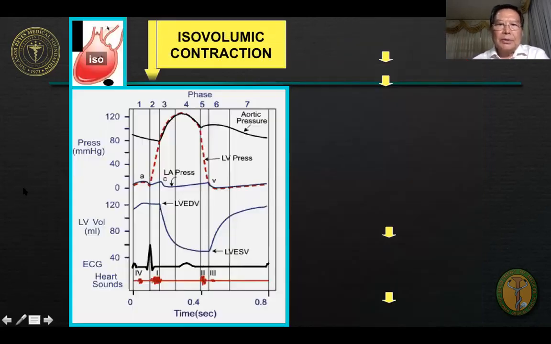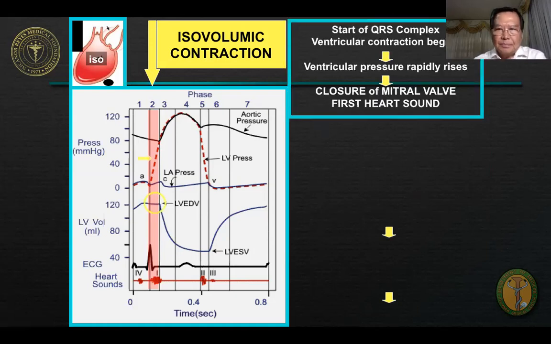So during the isovolumic contraction, as illustrated in this red shaded portion, involves the start of QRS complex. On the electrocardiogram here, these are your QRS, okay? And that is the start of ventricular contraction.